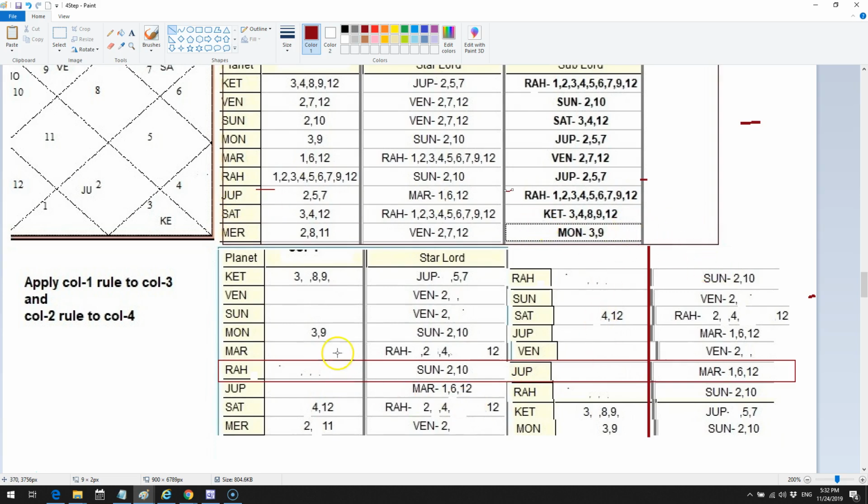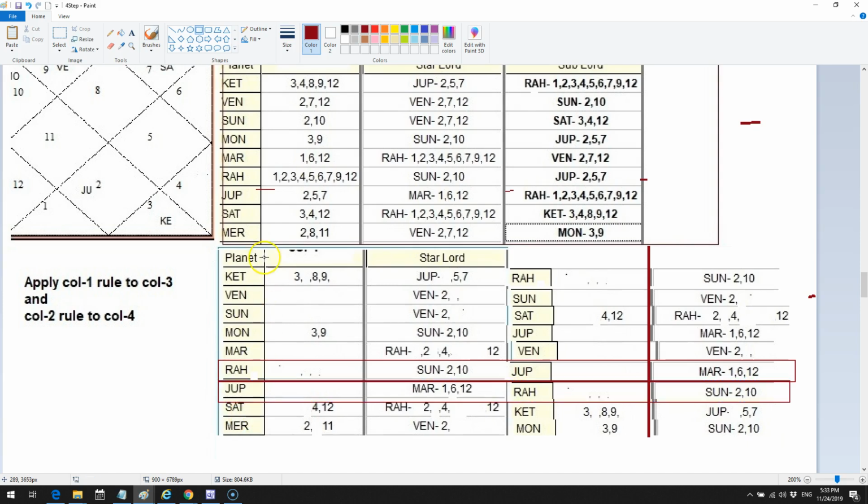From the 4-step point of view, Jupiter at the 4th step is a very strong significator of the 10th house, which actually negates the marriage.